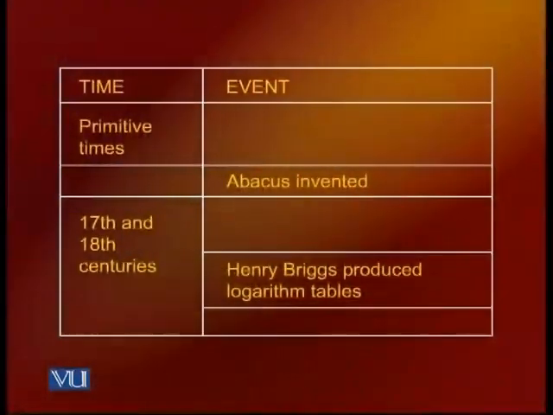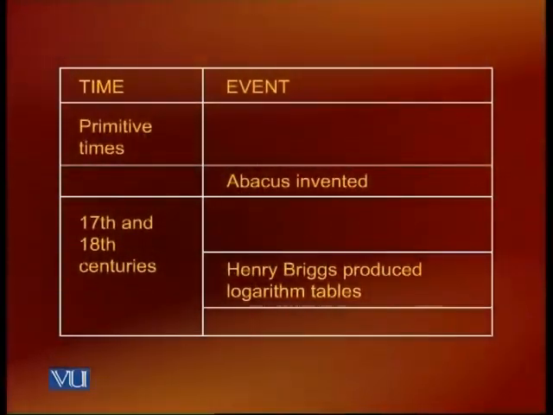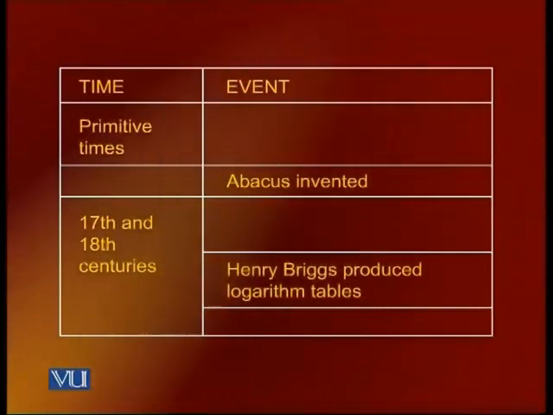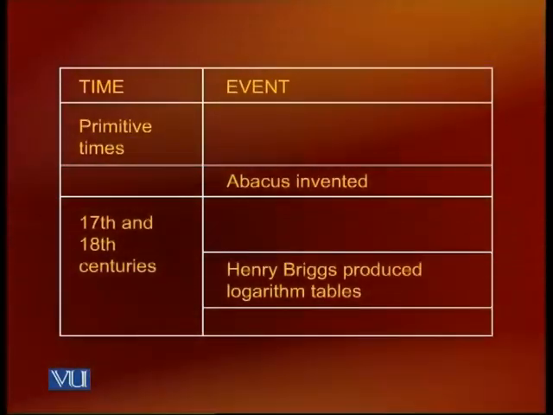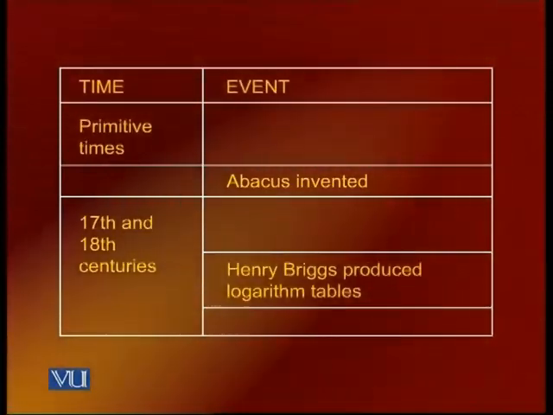The 10 fingers of a man's hand were used to count, to calculate. In the next column you find the event given to you. The event is the invention of the abacus.